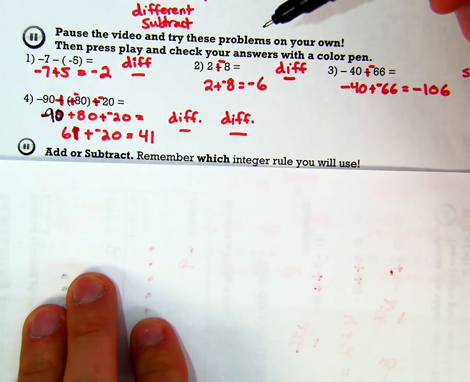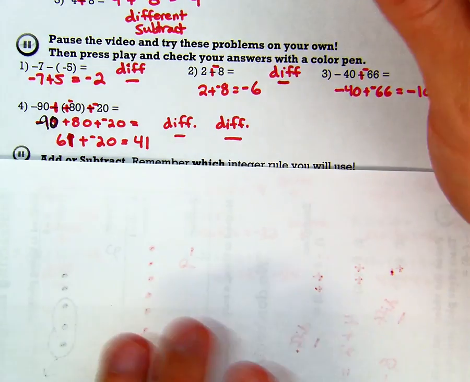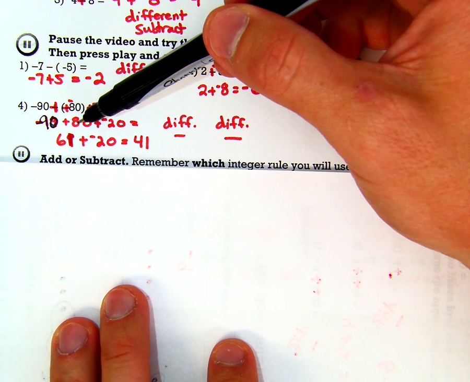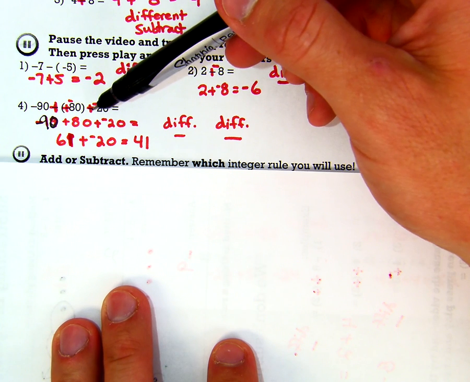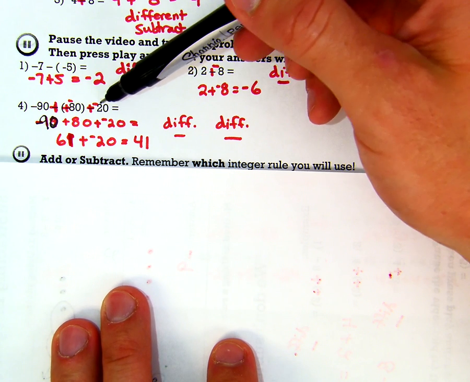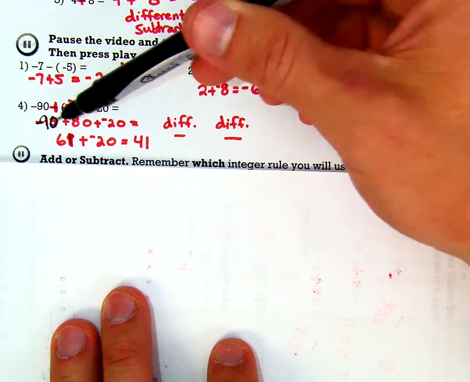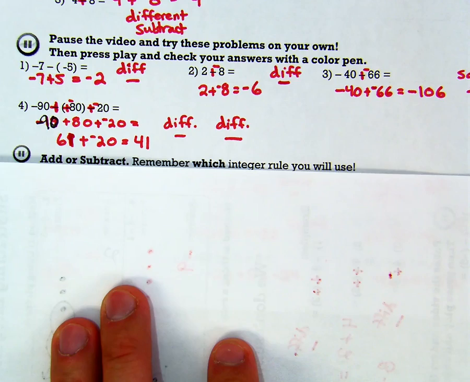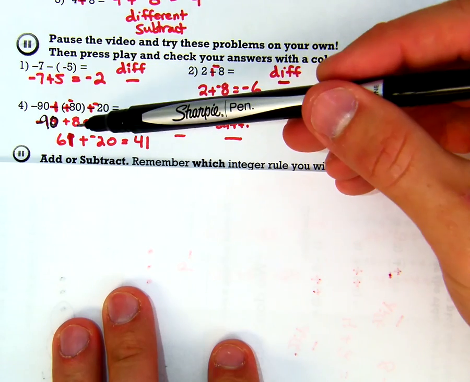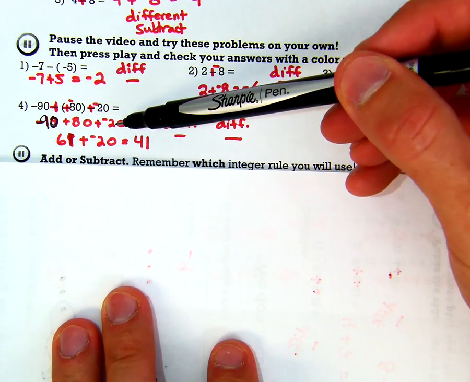So I'm going to change it to plus 80, and then I'm going to change this minus 20 to a plus negative 20. So my eventual problem after I change the subtraction symbols should be negative 90 plus 80 plus negative 20.